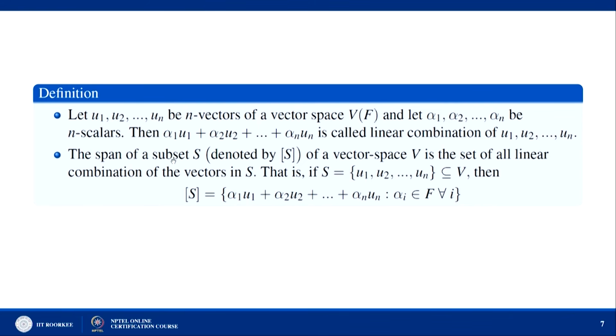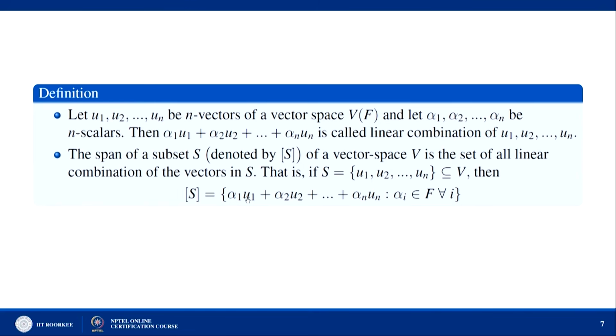Now, we define a subset of V, which we call the span of S. The span of a subset S of a vector space V is simply the collection of all linear combinations of vectors in S. So, suppose S is u1, u2 up to un. Then the span of S is simply the collection of all linear combinations of u1, u2 up to un.